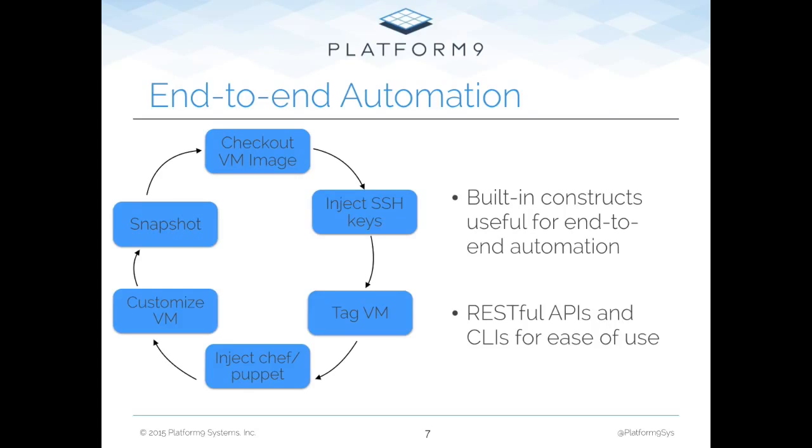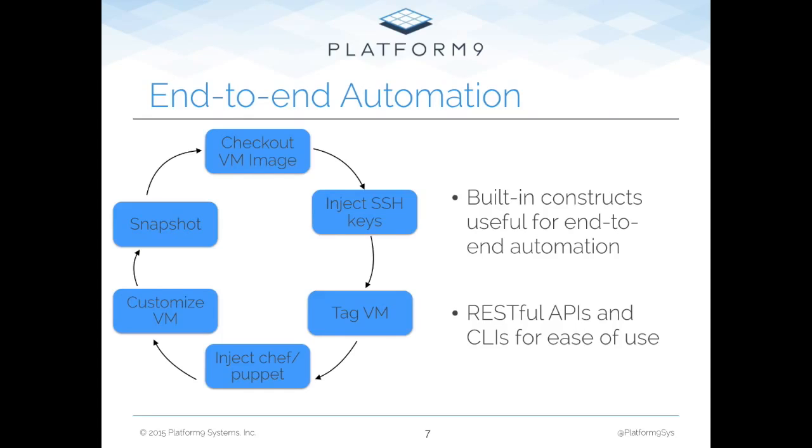Virtual machines can be tagged with simple key value pair tags, very similar to what Amazon EC2 offers. And tagging can be a very powerful way to annotate your virtual machines with appropriate information and consume it at runtime.